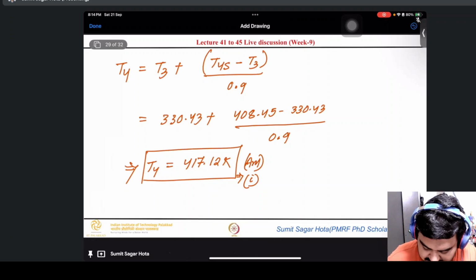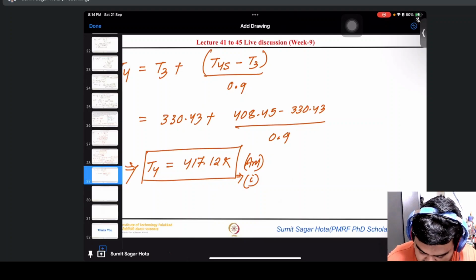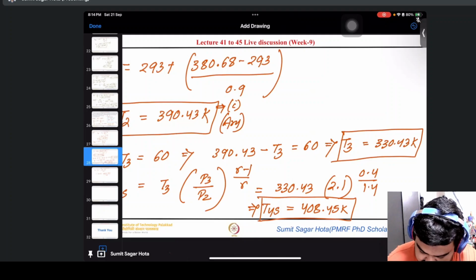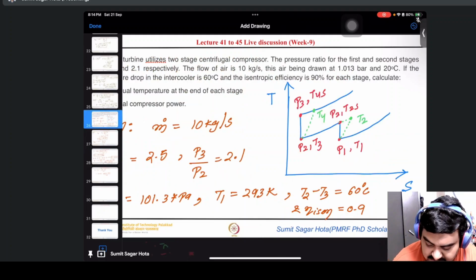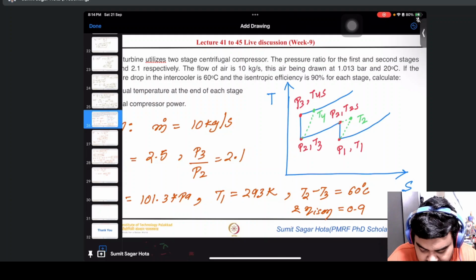Now if you see, we have T4, T4s, T3 and T2. Whatever is required for the compressor power, if you see in the equation, we need T1, T2, T3 and T4. All these data are available.